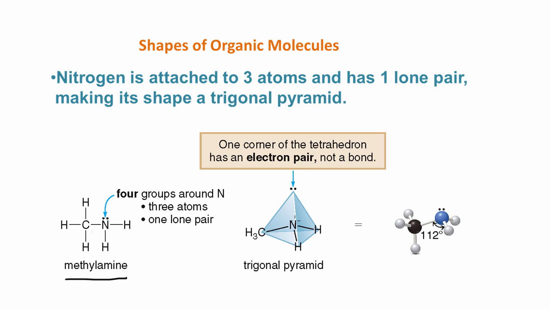Its electron pair geometry is tetrahedral, but remember the lone pair, because it's only under the influence of one nucleus, whereas the bonded electrons are under the influence of 2 nuclei, is going to compress these bonds a bit. So we say that its molecular shape is trigonal pyramidal. So what we have here is a trigonal pyramid.